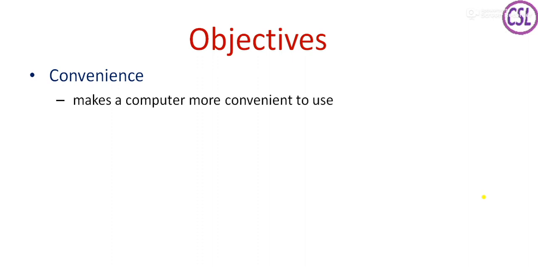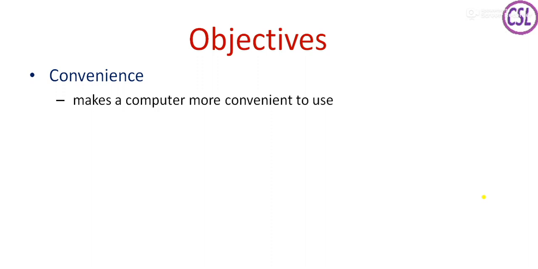And coming to the objectives of the operating system. So here the first objective is convenience. What is meant by convenience? It makes a computer more convenient to use. That means when anybody tries to develop an operating system, those software designers or engineers keep in mind to provide these objectives. If the operating system is very convenient to use, then most of the people come to use that operating system or show interest in that operating system.